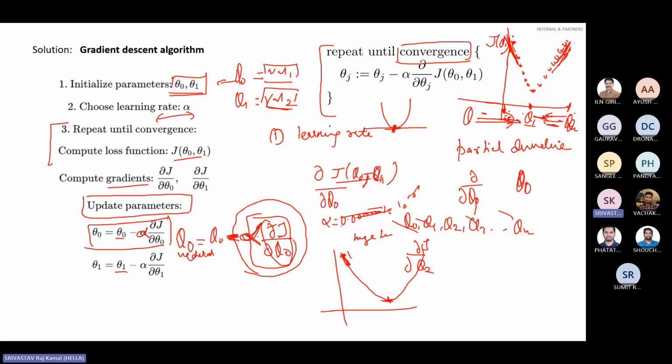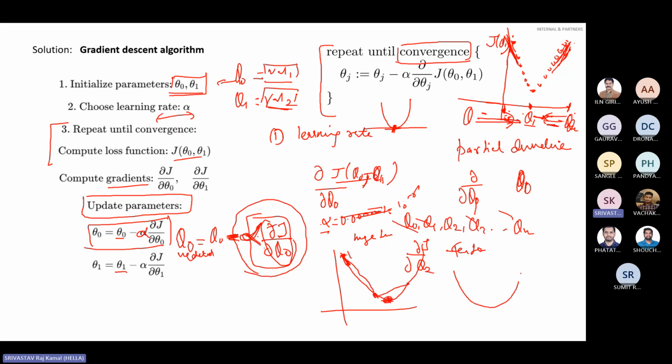Now what happens if we make a very high value of alpha? The speed becomes faster, but what happens while moving? It will jump like this. When you are here, the next movement might make you pass this local minima. You jump somewhere here, right?